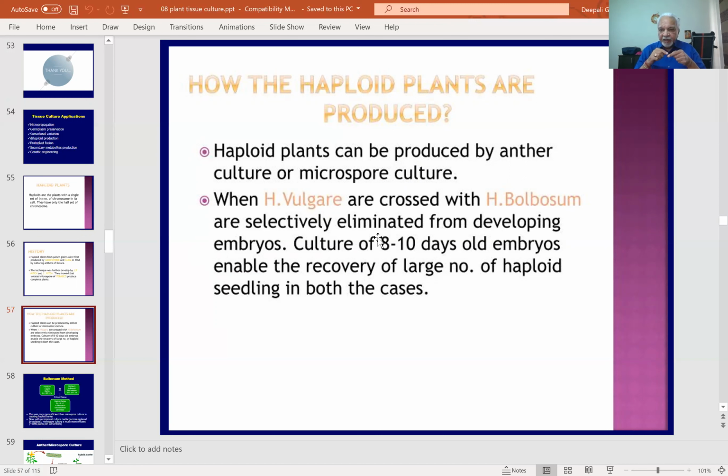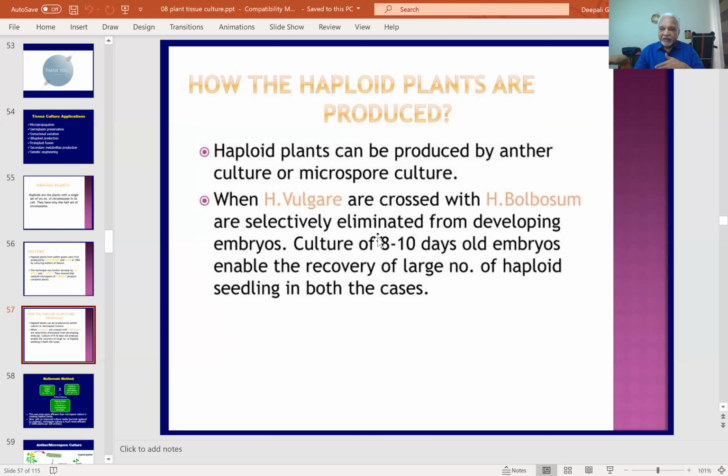So, in this, the growing embryo tends to eliminate one set of chromosomes coming from one species. And this elimination of one set of chromosomes was helped by in vitro culture, a technique we call embryo rescue. Otherwise this embryo will die.